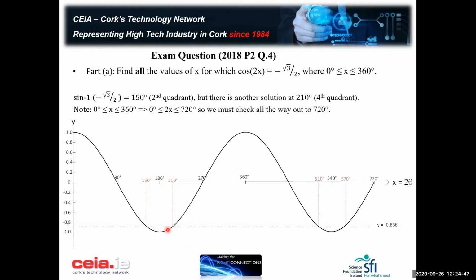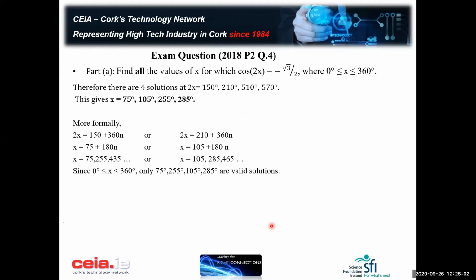But you also need to know that you can add 360 degrees and get the same value of cosine again, and another 360 degrees will get you there again, and so on. Well, sorry, there are multiple solutions, but they ask you for solutions where x is between 0 and 360 degrees.